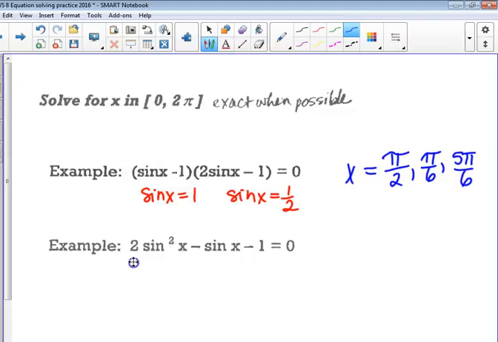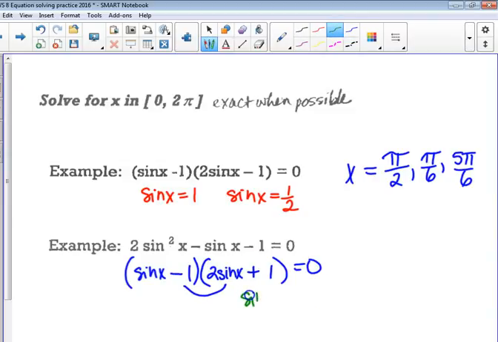Okay. This one is factoring. How will this factor? The 2 has to be negative and this one positive. Does that seem okay?